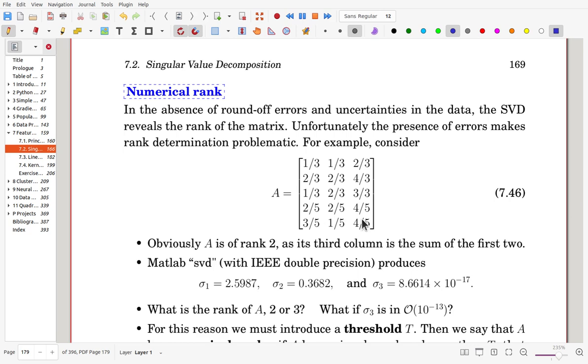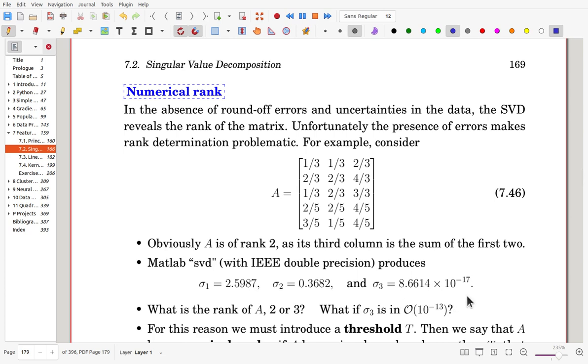Okay, if you are using, for instance, MATLAB SVD, even if you are using Python, it will be the same. Here we have sigma 1, sigma 2, and sigma 3. Along with this, we have to decide the rank of A, whether it is 2 or 3, but which one is the right one?